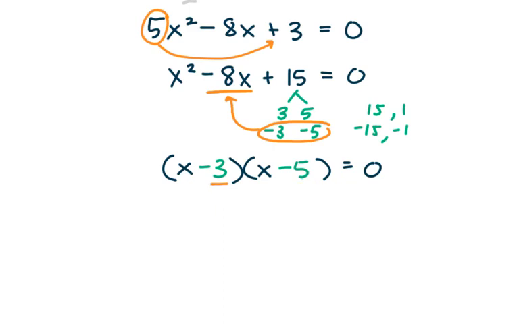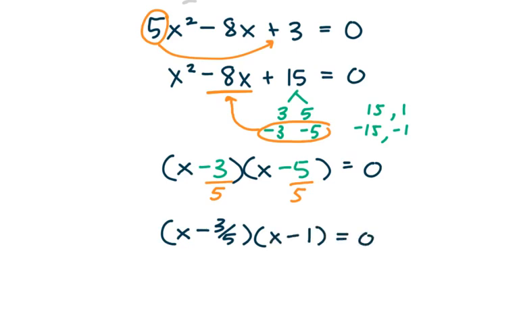If you'd forgotten that step, you would likely assume here that you would get x equals 3 or 5, which would be incorrect. So remembering to divide by that number we multiplied through, and that was times 5, I'll divide each of these terms by 5, which gives me my correct factored form of x minus 3/5 and x minus 1.